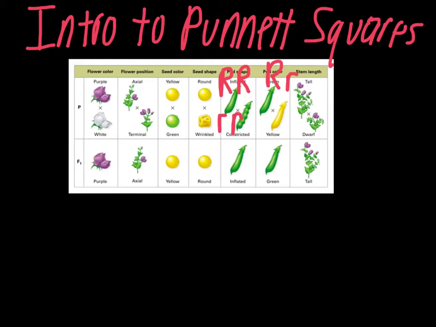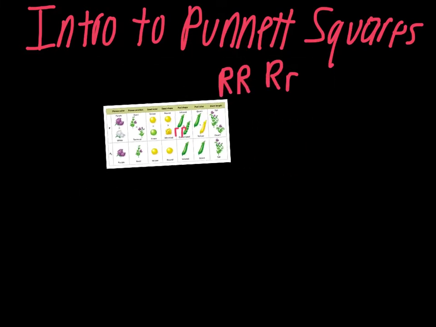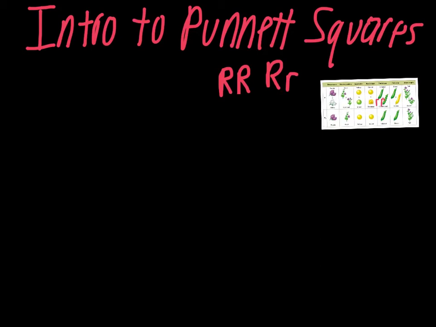It's extremely important. The reason we're going over this is, let's say you have an individual that is capital R, lowercase r. We'll say this is the individual we're trying to describe. There's two ways to describe that individual.